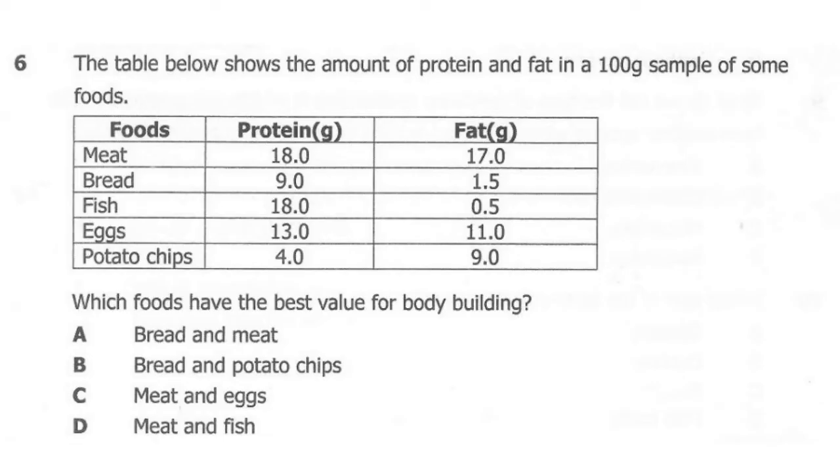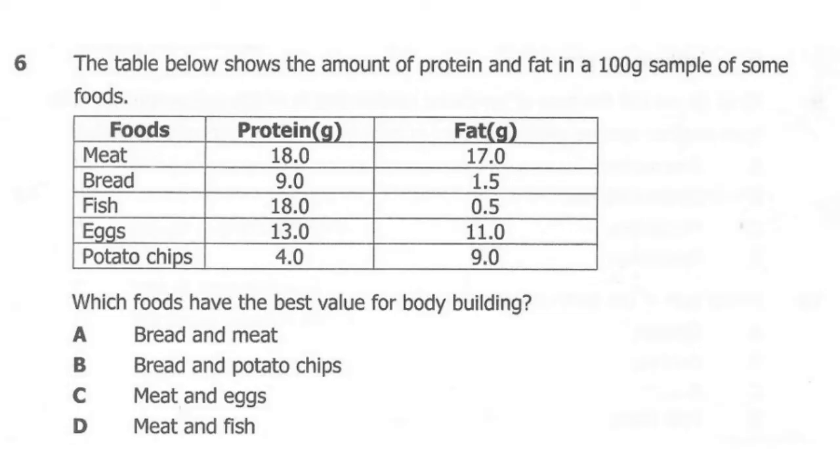Question number 6. The table below shows the amount of protein and fat in a 100-gram sample of some foods. So we have foods: meat, proteins 18.0, fats 17.0; bread, proteins 9.0, fats 1.5; fish, 18.0, fats 0.5; eggs, proteins 13.0, fats 11.0; potato chips 4.0, fats 9.0.